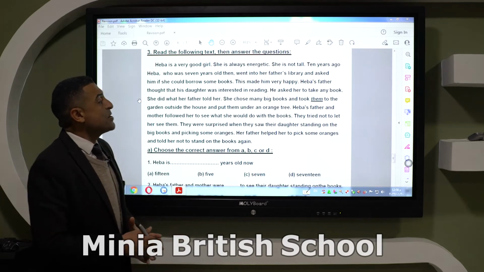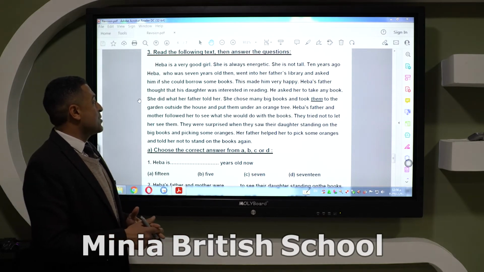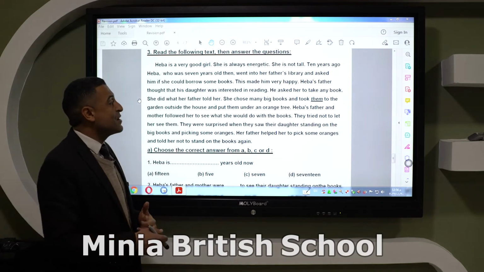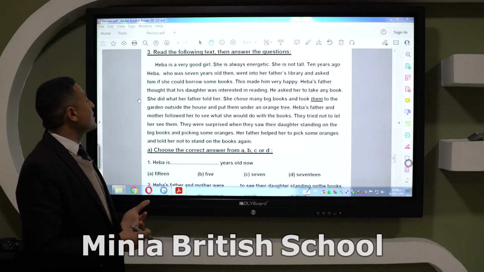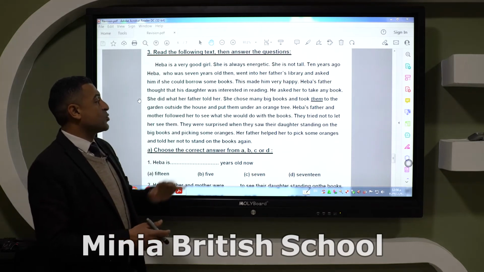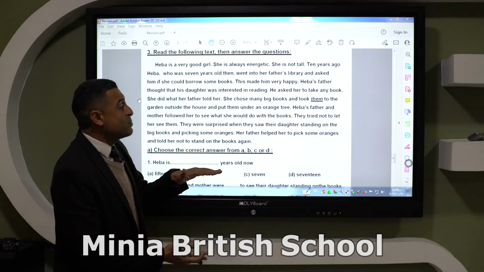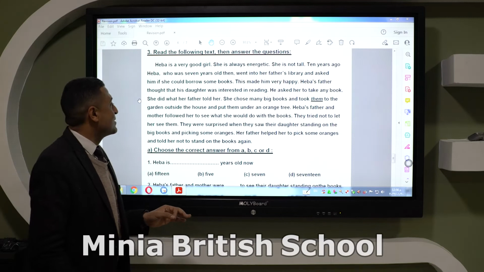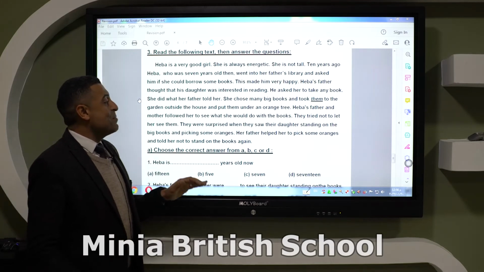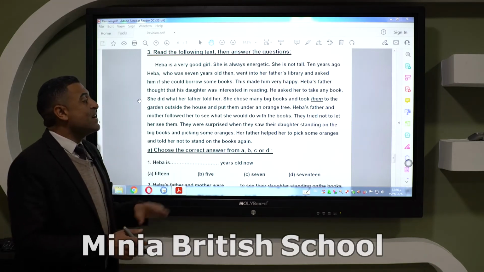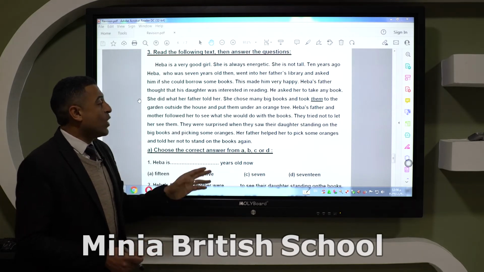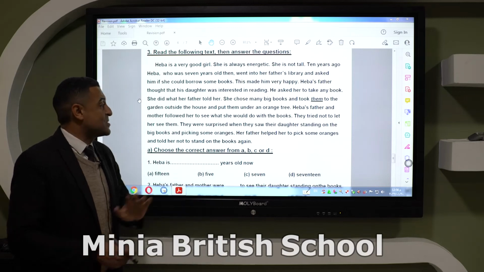This made him very happy. Hiba's father thought that his daughter was interested in reading. He asked her to take any book. She did what her father told her. She chose many big books and took them to the garden outside the house and put them under an orange tree. Hiba's father and mother followed her to see what she would do with the books.